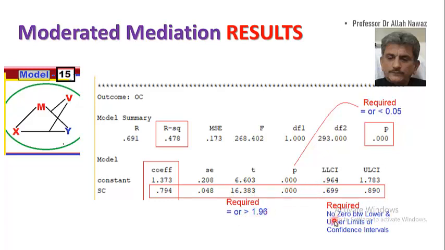The p-value is also significant, and the upper and lower limits of the confidence interval are both on the positive side, so there is no chance of 0 being within the range. So the first outcome shows that there is a significant relationship between X and M.